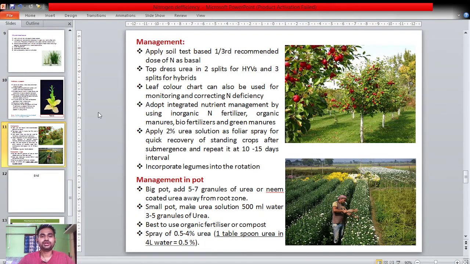So coming to the management part, we divided it in two parts: for those who have big land and do commercial cultivation, and for those who grow ornamental plants inside the house, who like to decorate with plants.